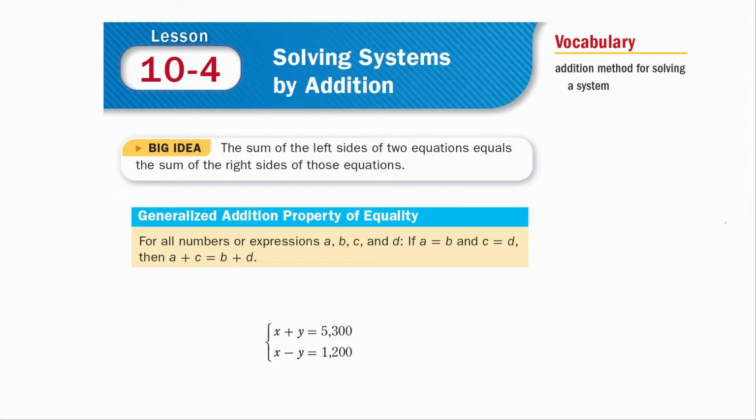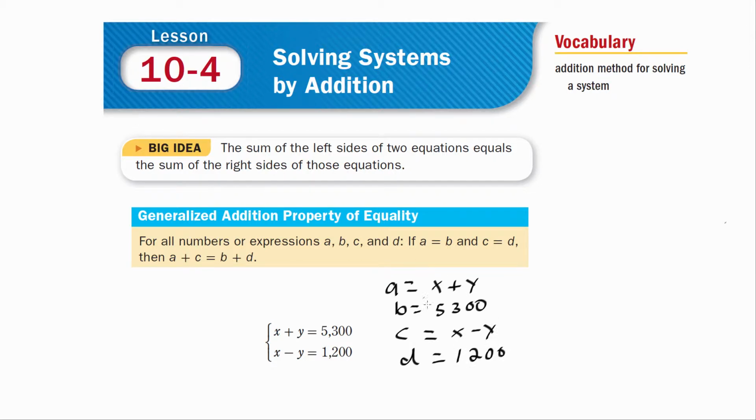If I look at x plus y as being my a, so a equals x plus y, and b is equal to 5300, then c equals x minus y, and d equals 1200.